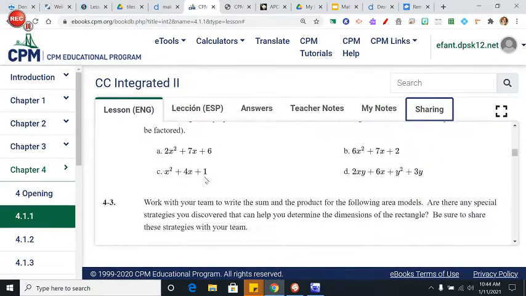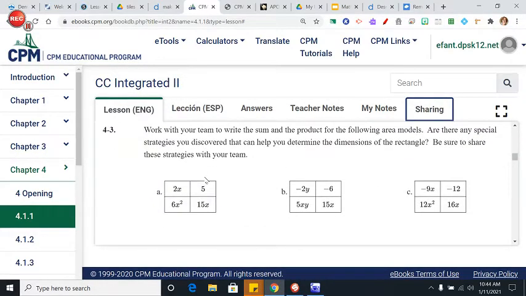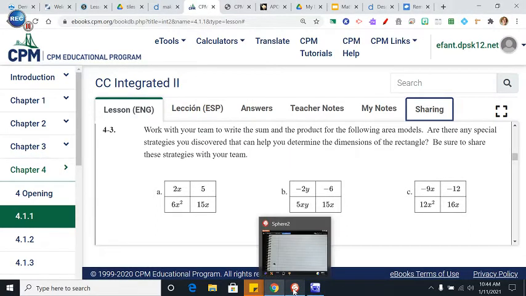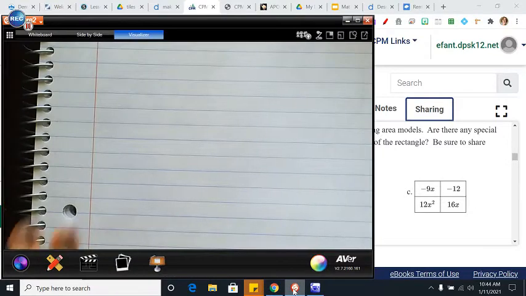Today we did 4-3B as our warm-up, so I'm going to review that with you. So if you look at 3B, you have an area model. Let's draw that in your notebook.